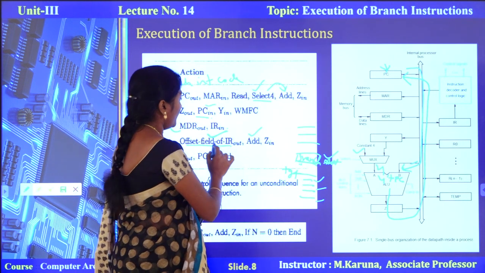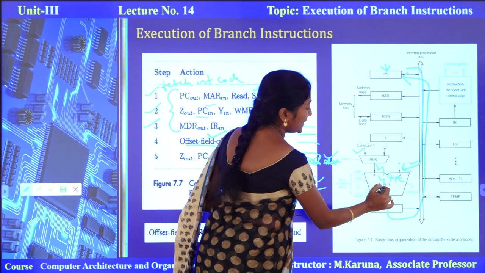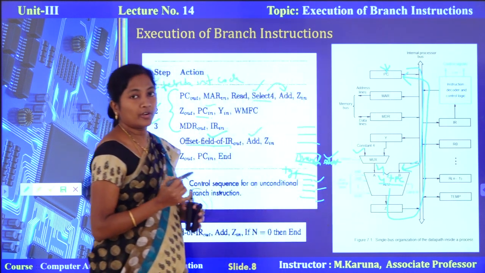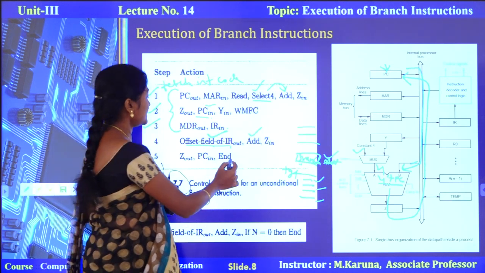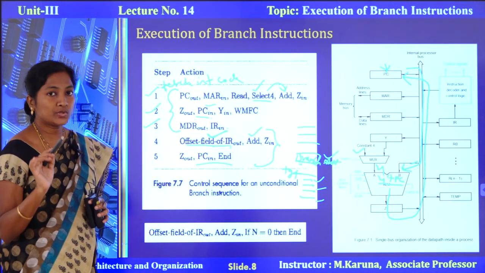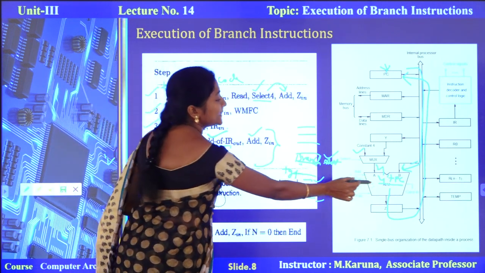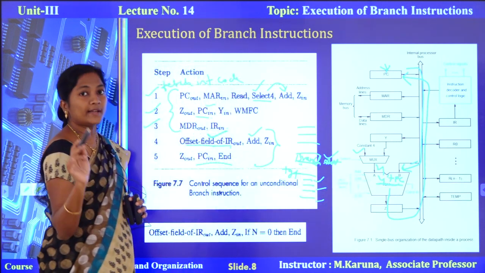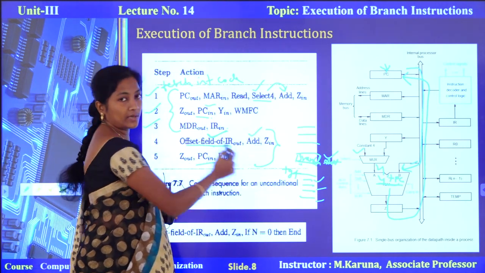Now the offset address will be added to this PC plus 4 to get the target address. Likewise, these control signals are used to add the offset address to PC plus 4 to get the target address. So this is the unconditional branch.